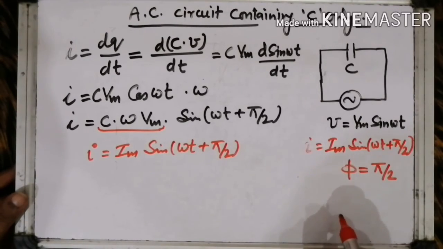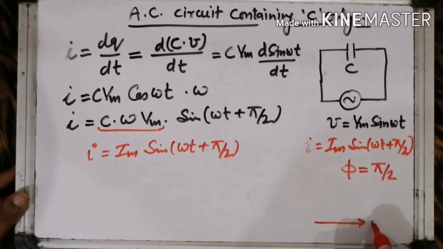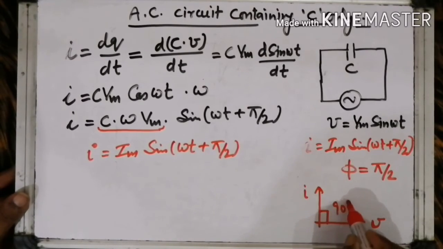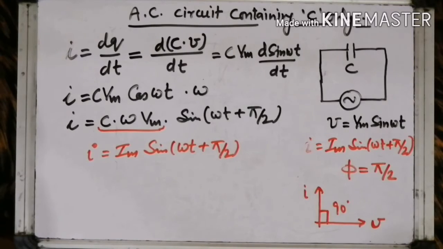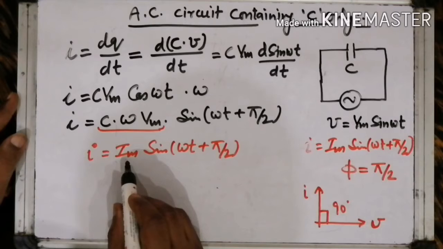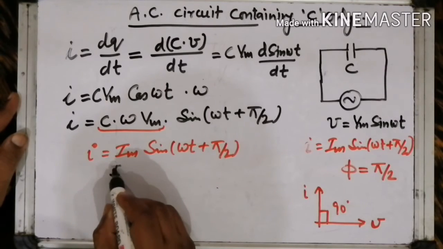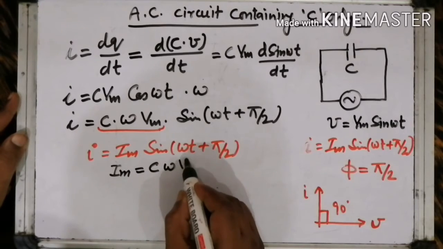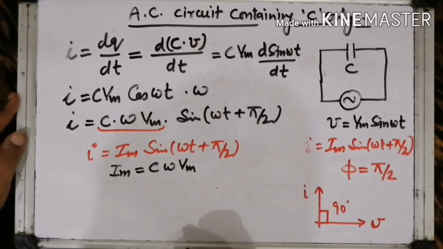Now the phasor: if this one is the voltage, the current leads the voltage by an angle of 90 degrees. Now see regarding I maximum, that is C omega into V maximum.